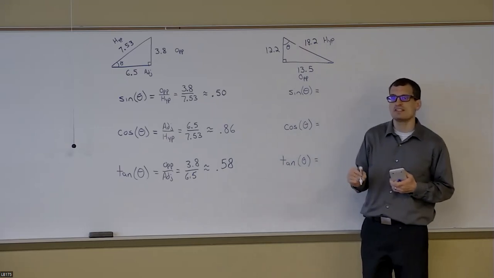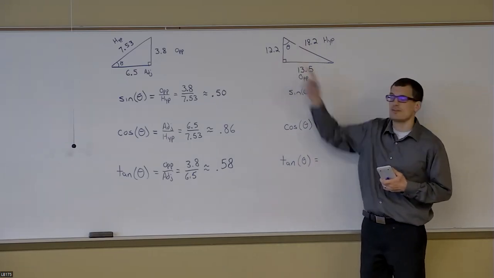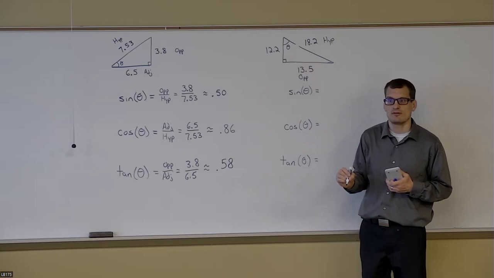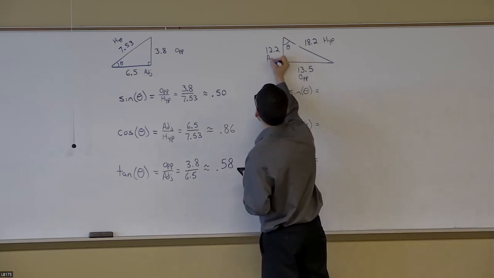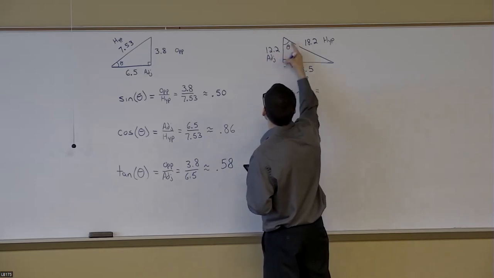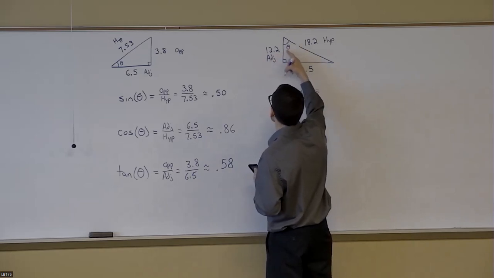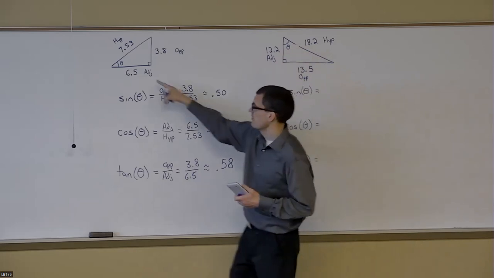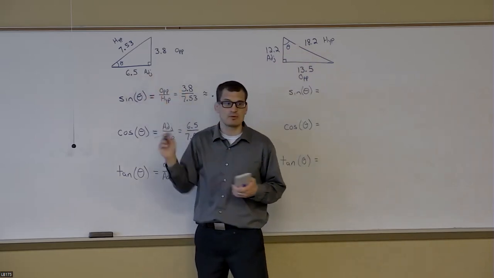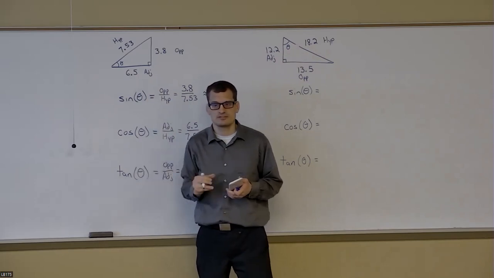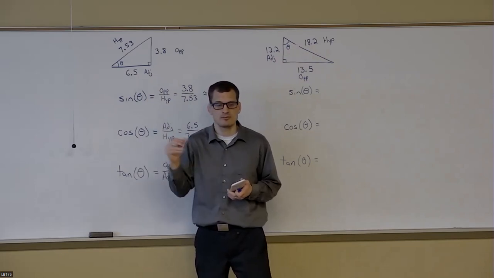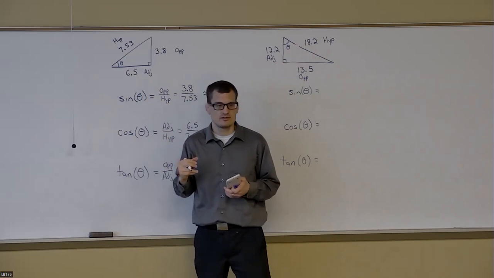And the adjacent side to theta is the 12.2. Does that make sense? So the one that touches theta is the adjacent. Whichever way you draw it, it's the leg that touches theta, right? That forms one of the rays, forming theta.